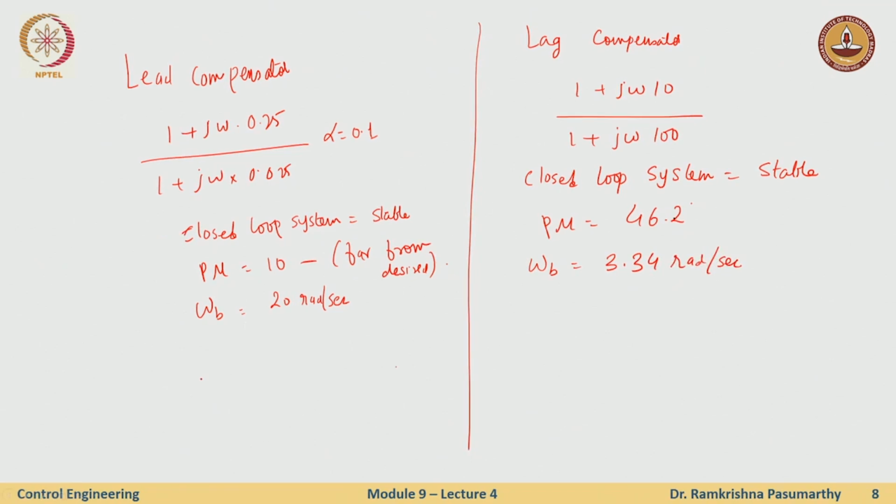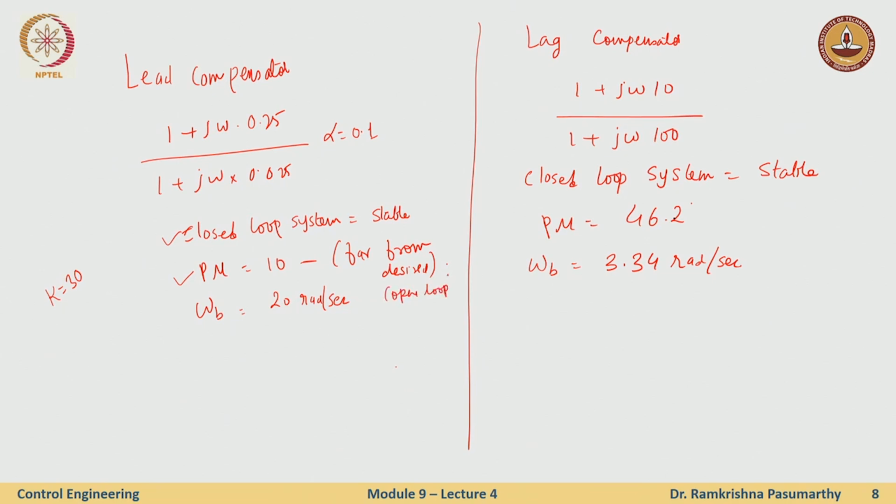Okay, so let's now compare these two scenarios. If I look at the lead compensator, the good thing was the closed loop system was stable. Phase margin is 10. Earlier, with the gain compensated system of k equal to 30, my system was unstable. Now it is at least stable. The bandwidth is 20, which again I am measuring for the open loop.